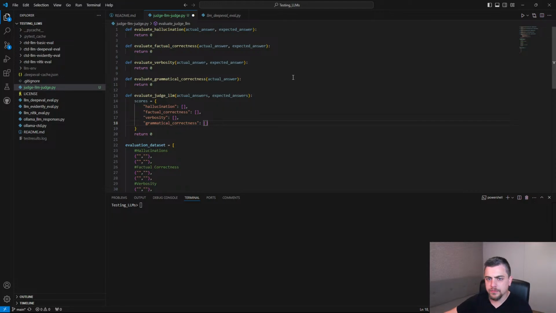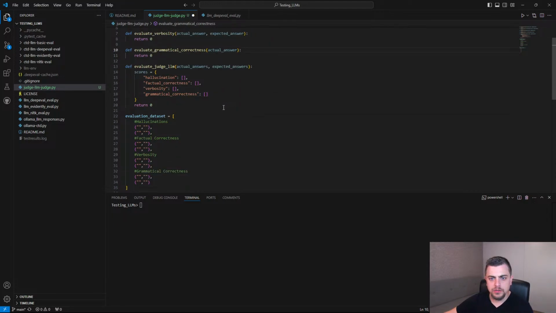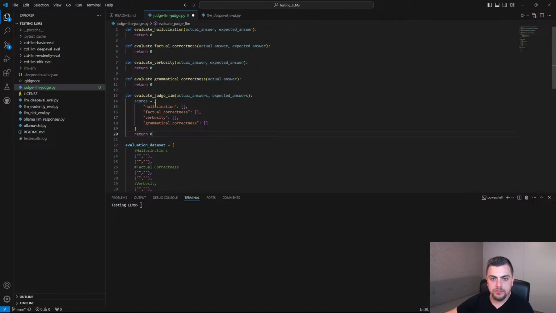I think that's the most explainable way to use any programming language. So we just reinitiated this scores dictionary.